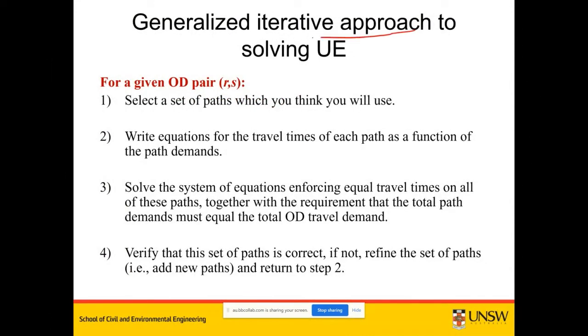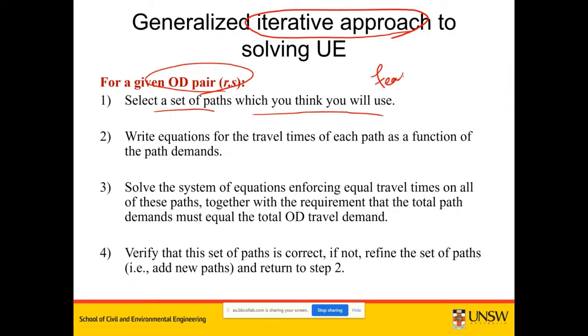This iterative approach is the third method, okay? So far we've talked about incremental loading and the algebraic approach, and this one is about iterative approaches or heuristics. For any given OD pair, we select a set of paths that we think people will use, or we call them feasible paths.